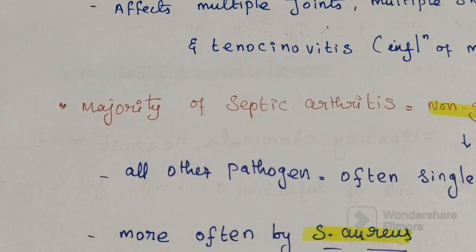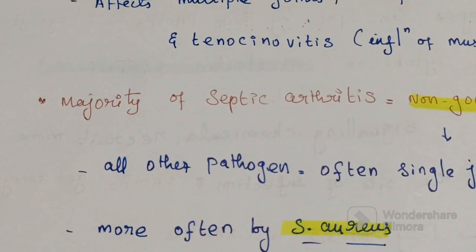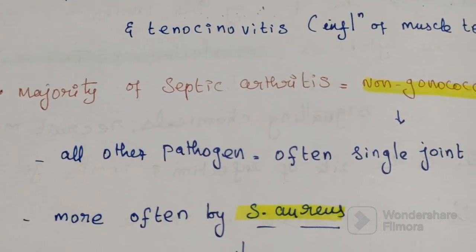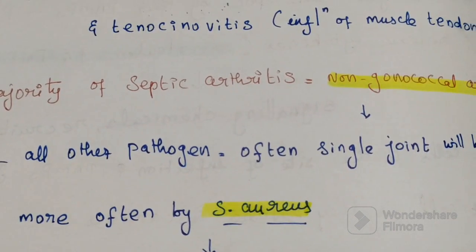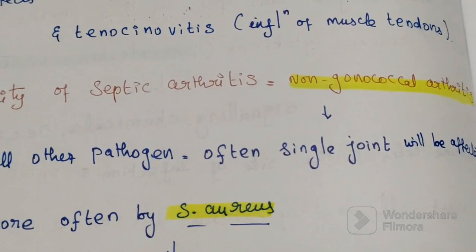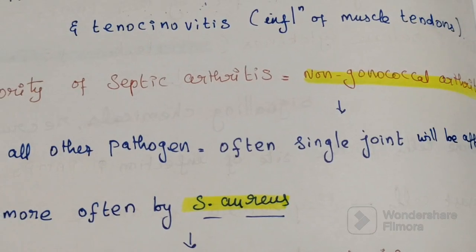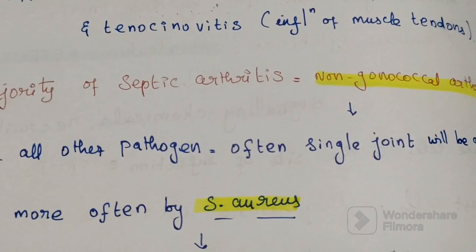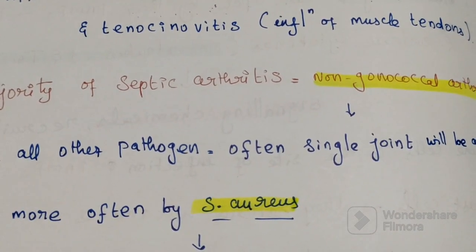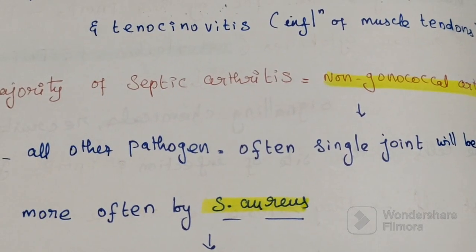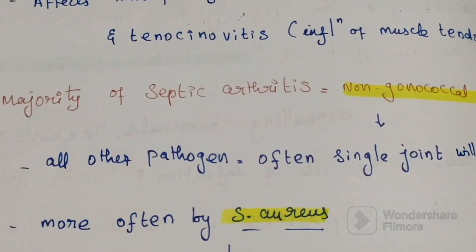Now, the majority of septic arthritis is not due to Neisseria gonorrhoeae. It is also called non-gonococcal arthritis, and includes all other pathogens, but in most of them a single joint will be affected, typically a knee.